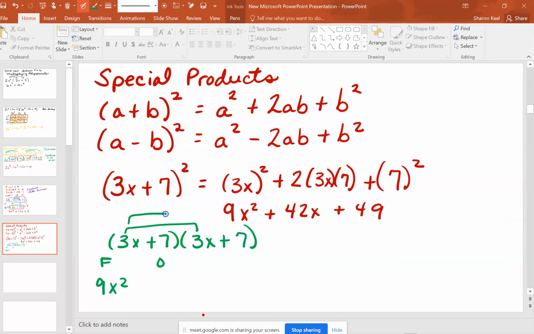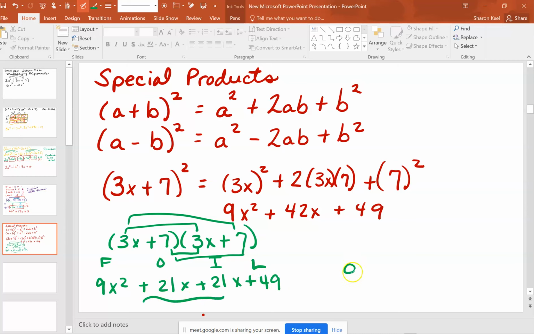Your outside is the 3 times the 7, so that's plus 21x. The inside is here, that's another 21x. And our last is 7 times 7, a positive 49. The two in the middle we combine, so we still get 9x squared, 21 and 21 is 42x, and the 49.